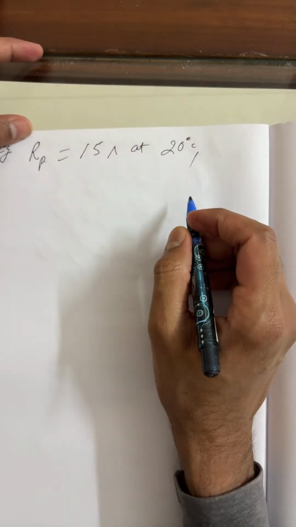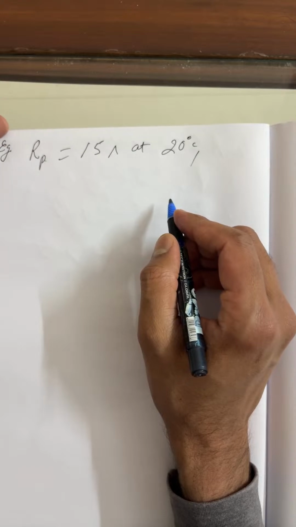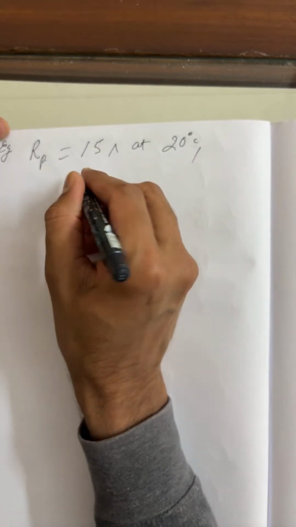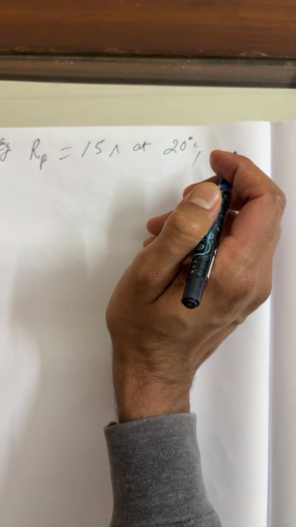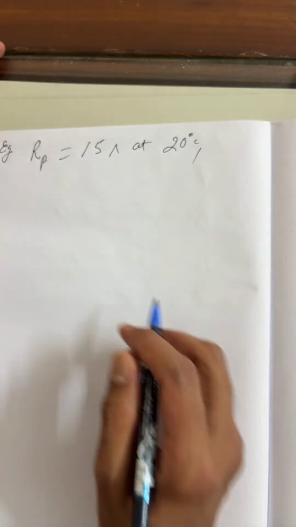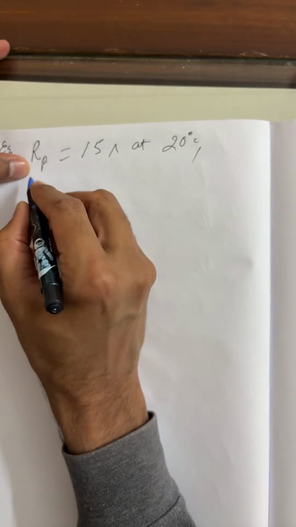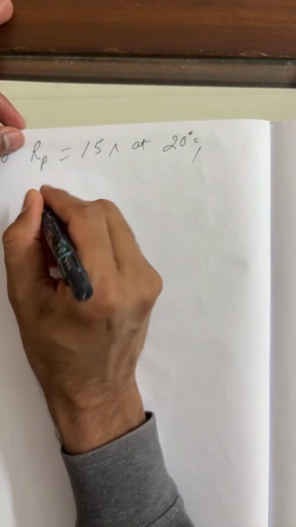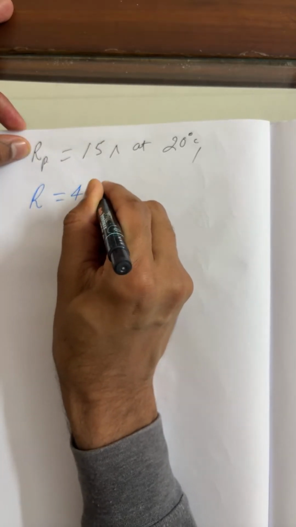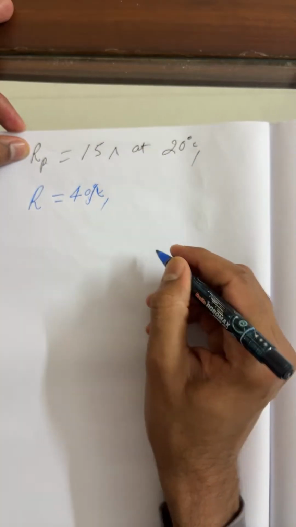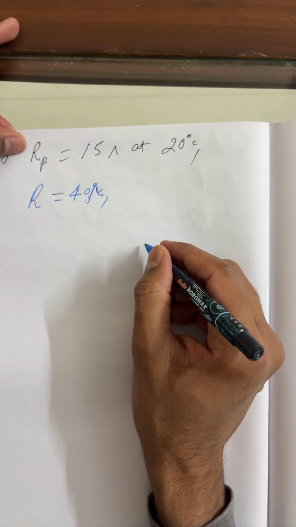This wire is put in a hot furnace, and just after putting it in the furnace, the resistance of the same wire is found to be 40 ohm. Find the temperature of the hot furnace.